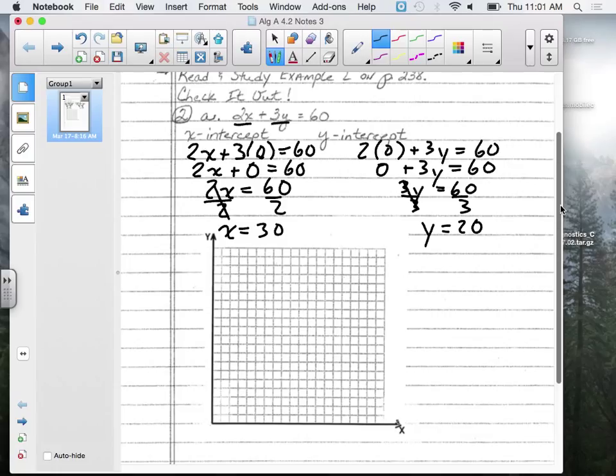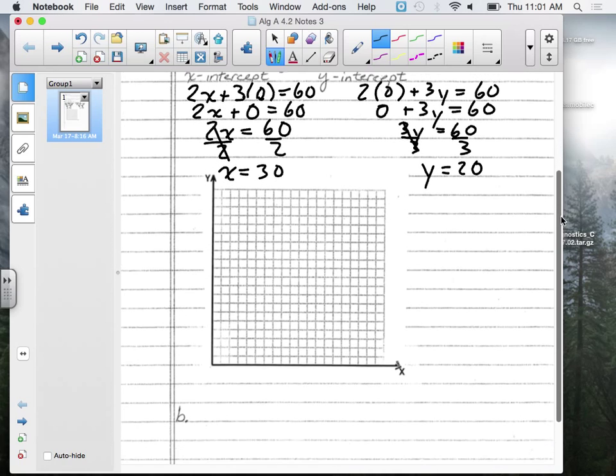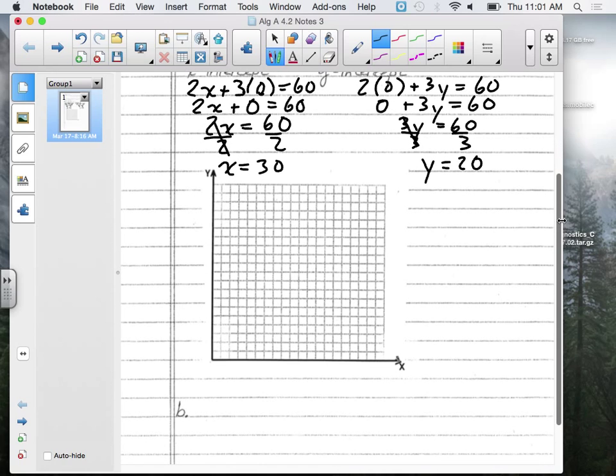Alright, did everyone get the same x and y intercepts that I did? X equals 30 and y equals 20? Okay, so before we graph it, are we missing a couple things from our graph? We don't know what the y and the x axes are named.